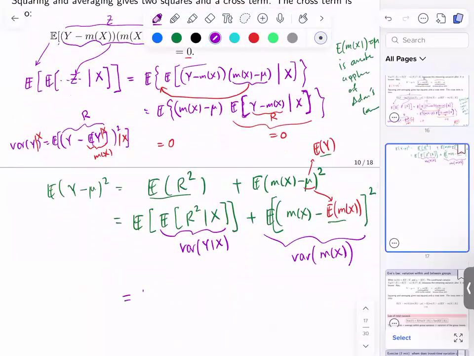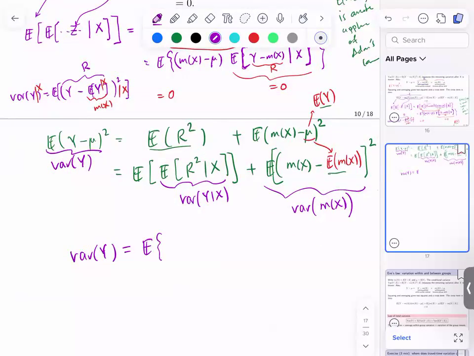So what I ended up proving is that this side is really the variance of y. The variance of y has two terms: the expectation of the variance of y given x, plus the variance of m of x, which is the expectation of y given x.